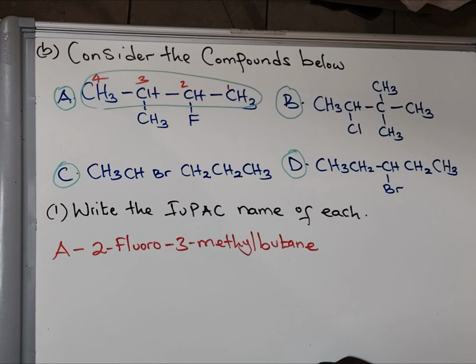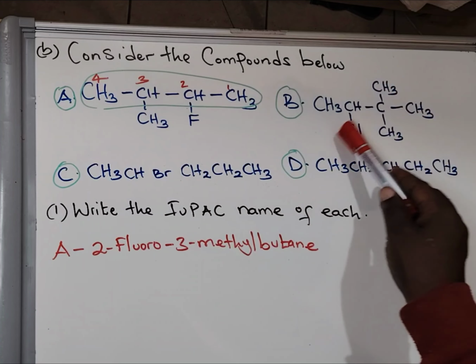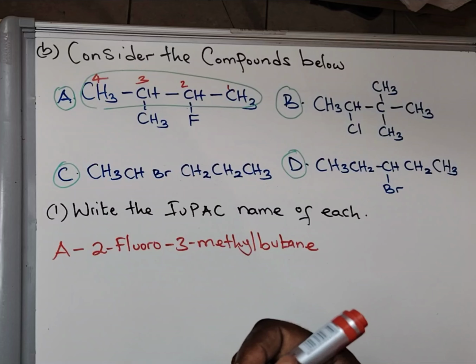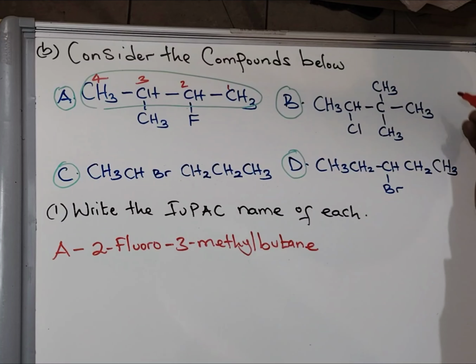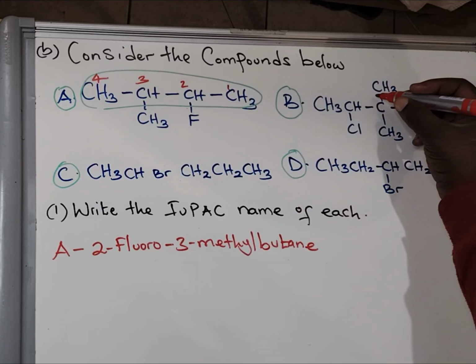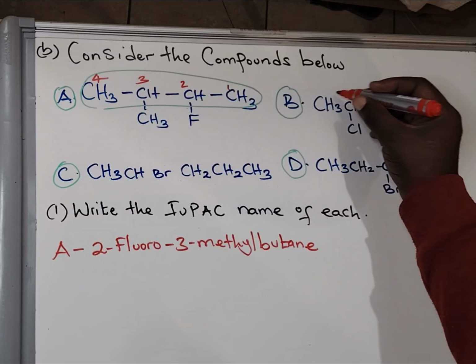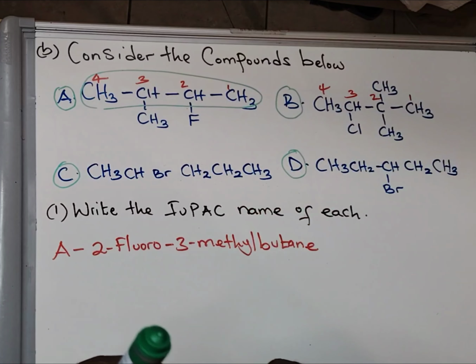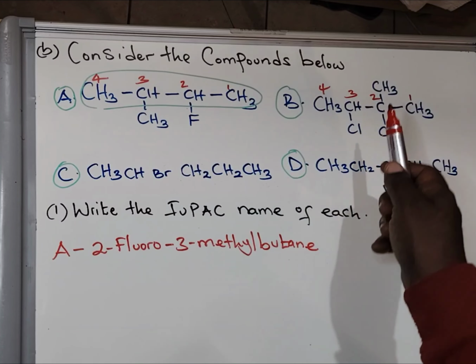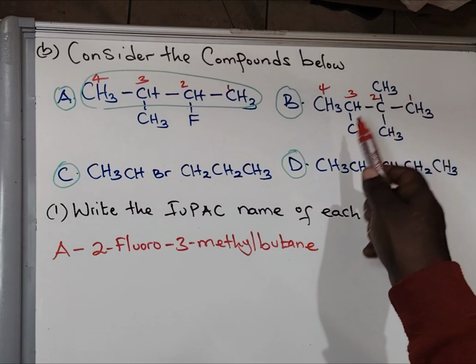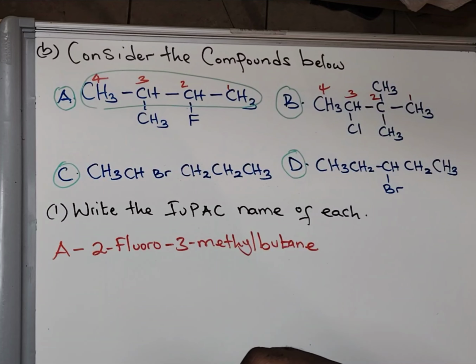So you have to choose the side which will give the total of these three the smallest number. And that side is going to be this one. So this is number 1, number 2, number 3, number 4. That will give you 2, 2, 3, because when you start from this side, it's going to give you 2, 3, 3, which is bigger. So that is what we are having.